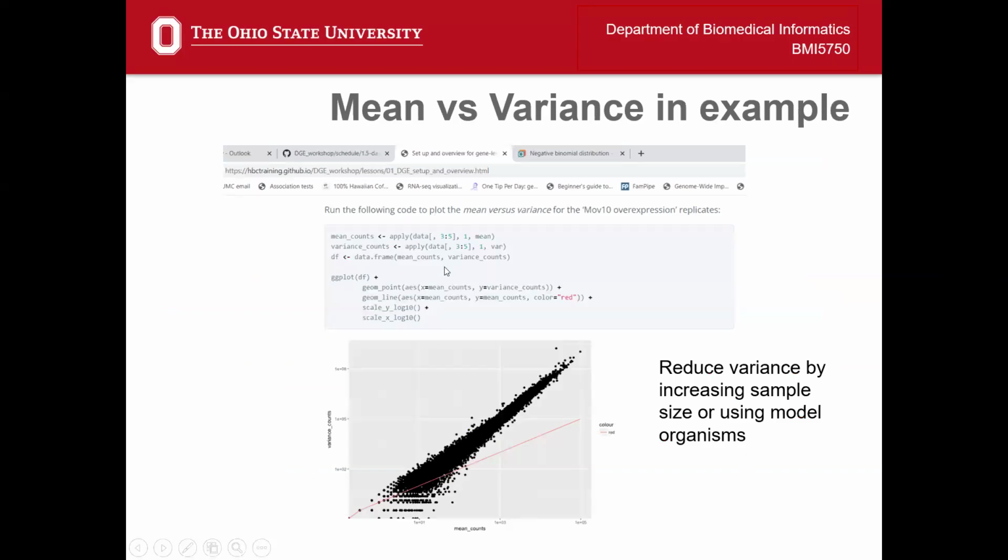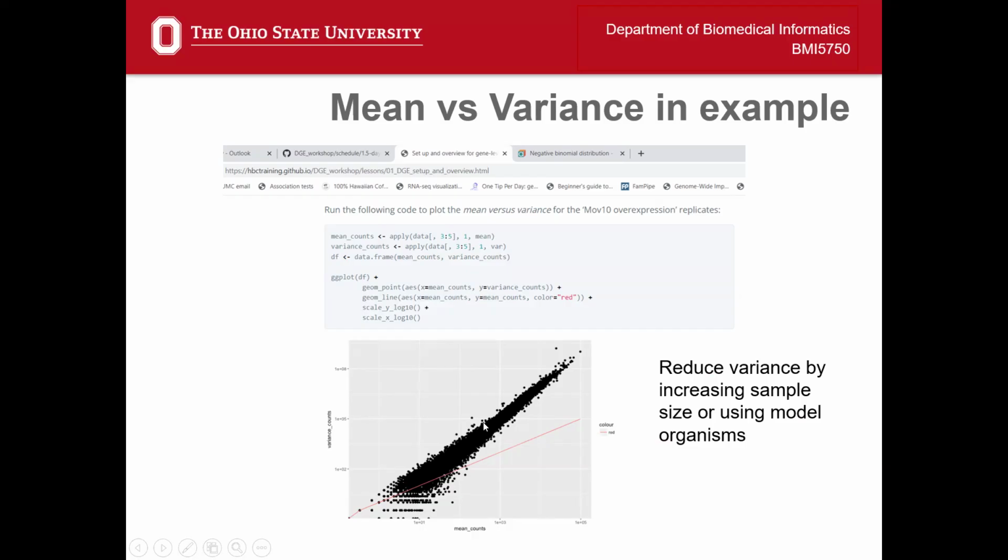This is a way that a tutorial online chose to demonstrate this. They had counts data, they measured the average and the variance of their counts data and plotted it. So on the x-axis, we have the average. For the y-axis, we have the variance.